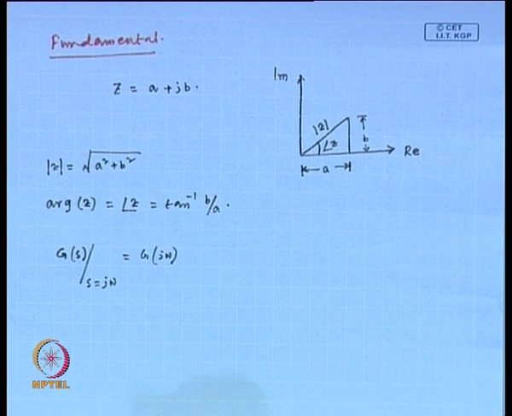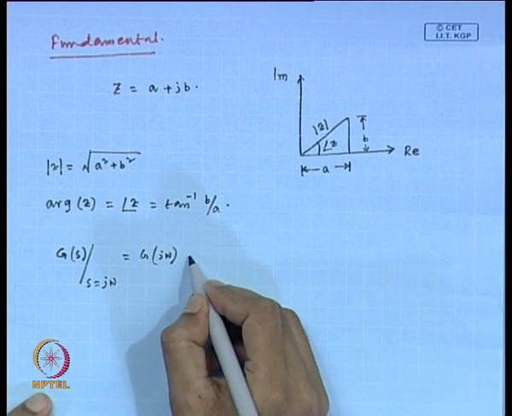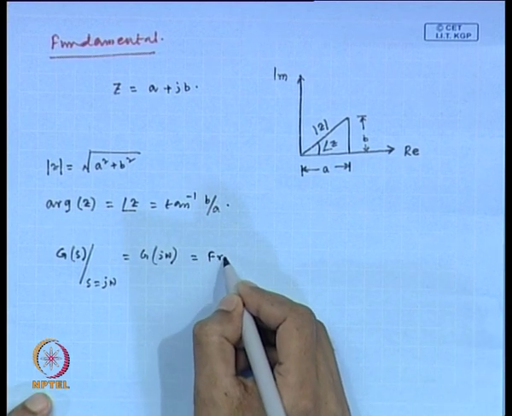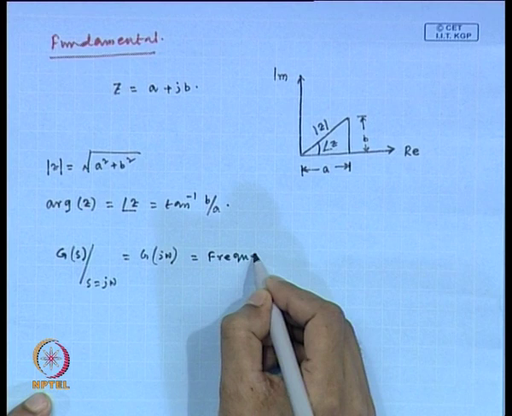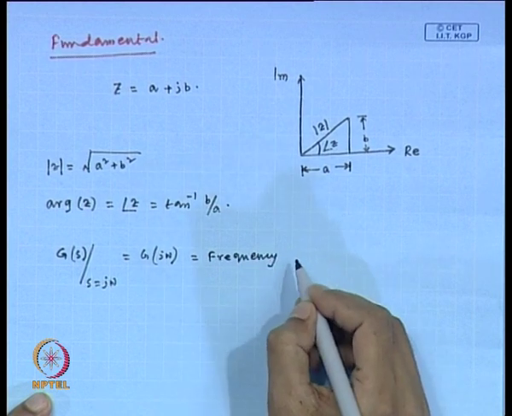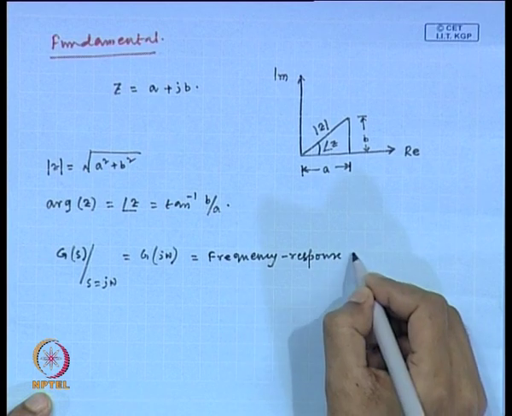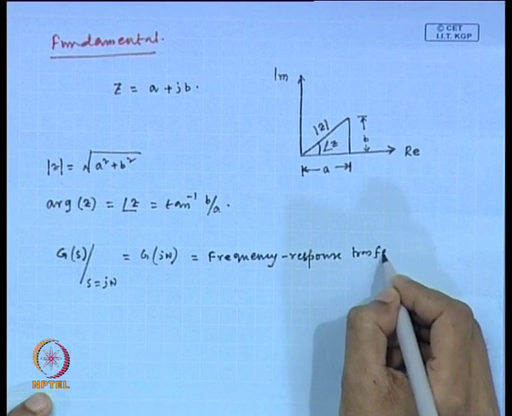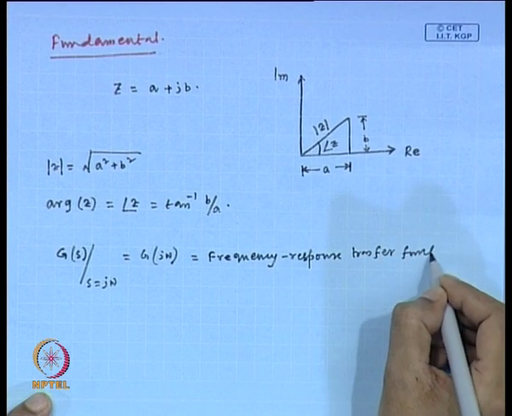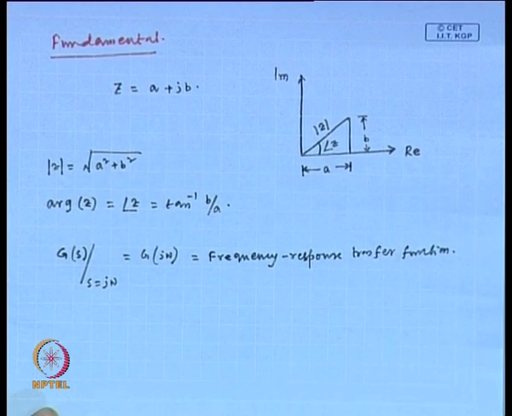Replacing s by j omega, we obtain the frequency response transfer function.